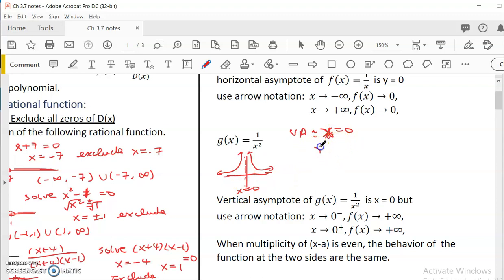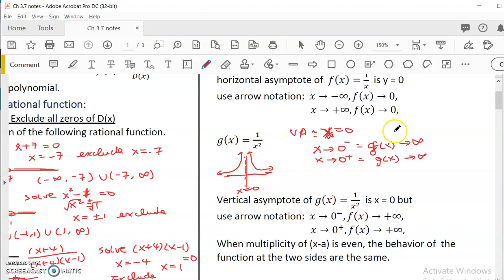Let's say if x approaches 0 negative on the left side, what happens to y? f of x, or in this case g of x, right? We call it g of x. g of x will approach infinity. And on the right side, 0 plus is also infinity because they are going in the same direction.